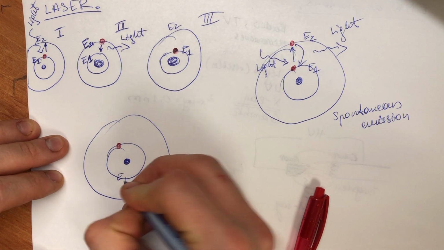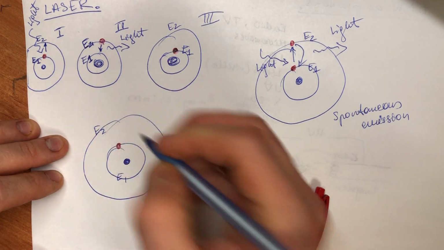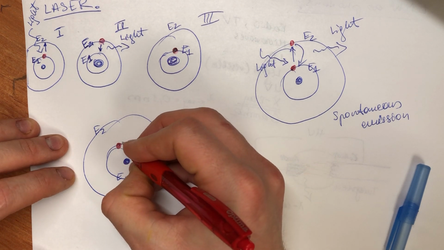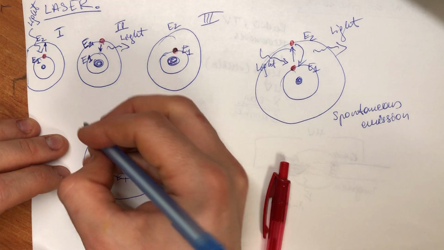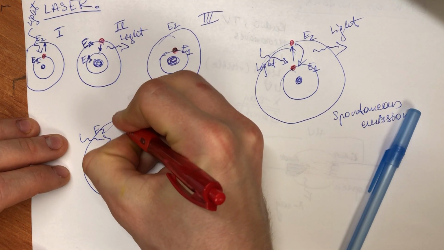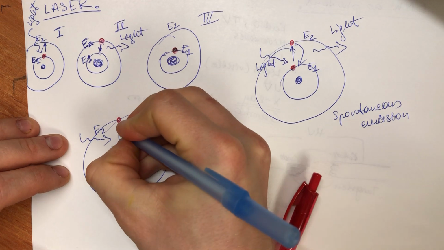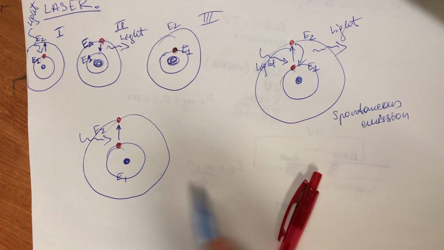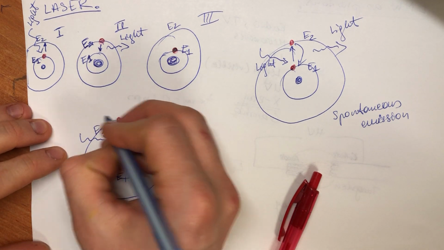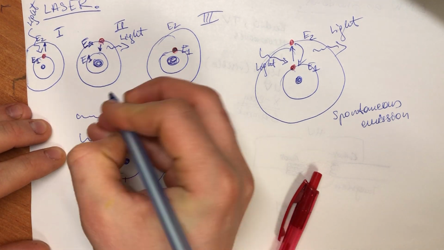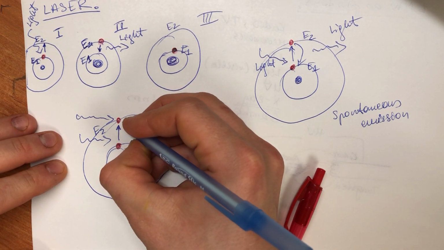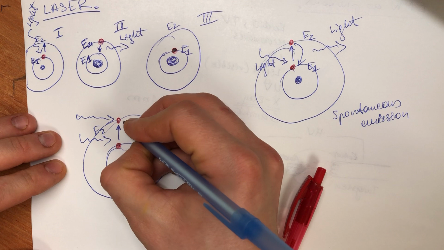It was in this E1 state, the light came, so it jumped up, absorbed this light, and went here. And what happens if another light hits this electron? Then it seems that it is forced to go back here.